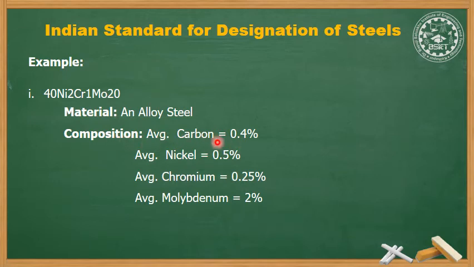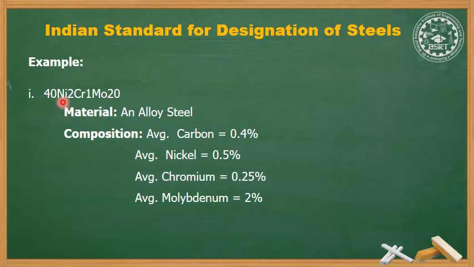The average percentage of carbon is 0.4. This 40 is 100 times the percentage of carbon, so 40 divided by 100 gives 0.4. So the average percentage of carbon will be 0.4.